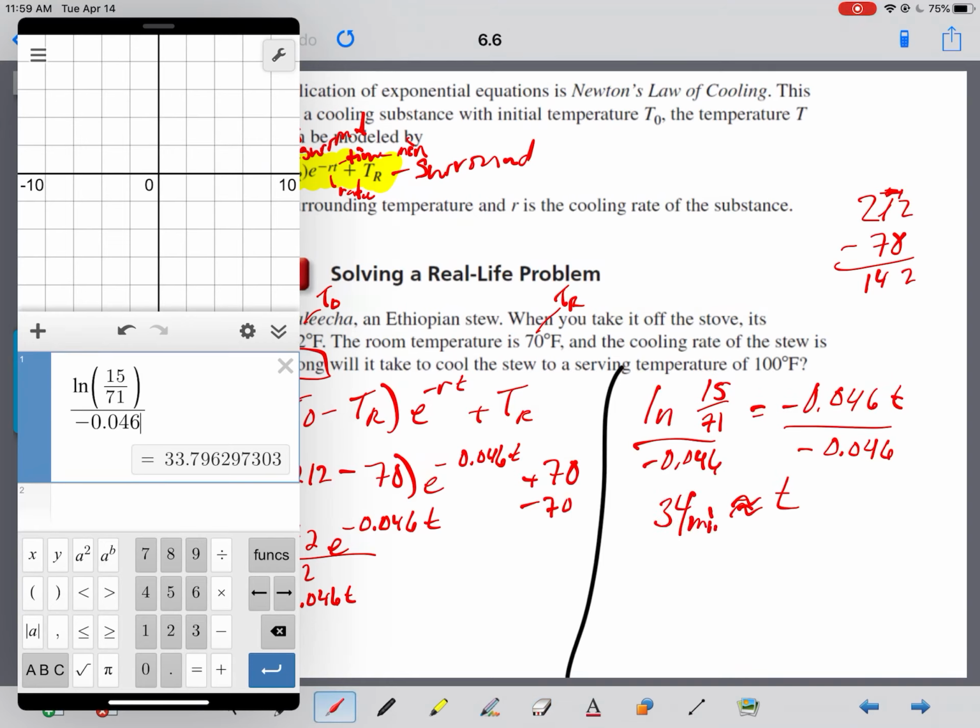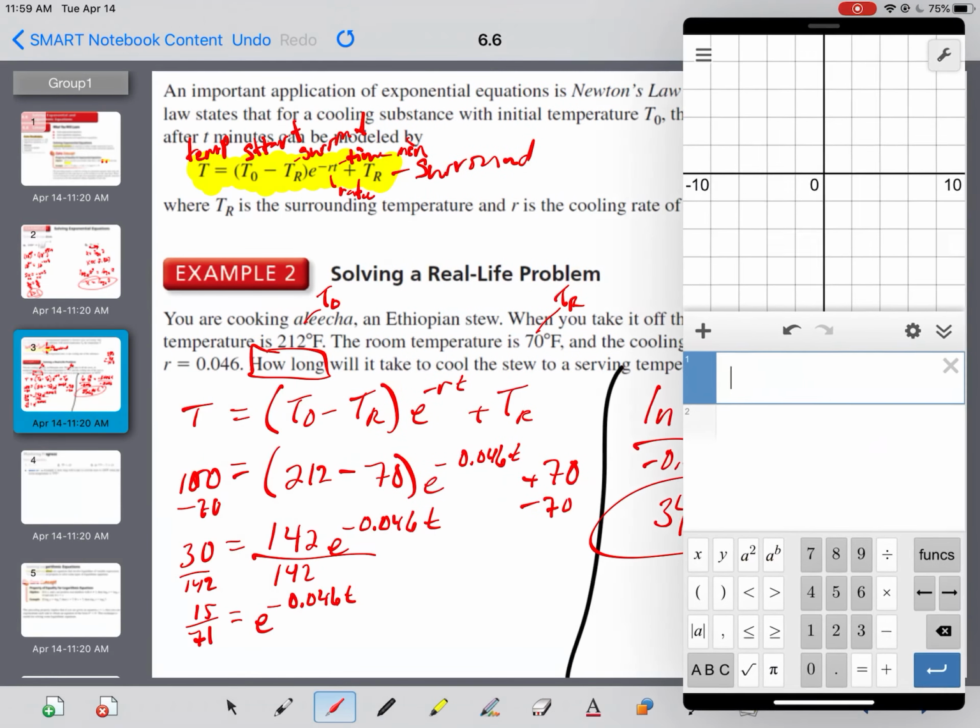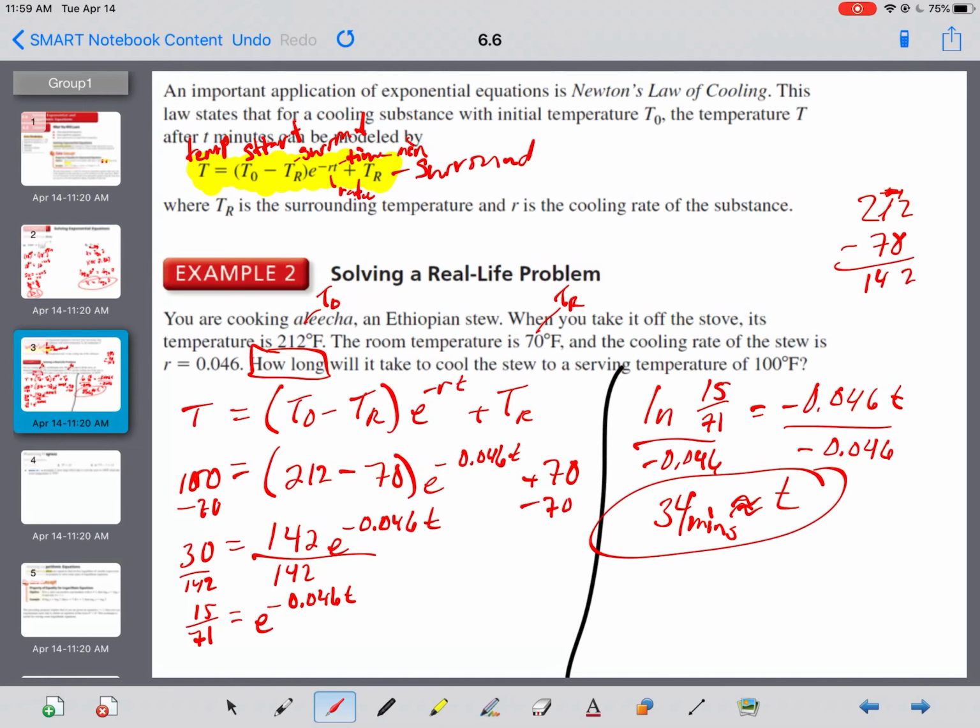So 33, and since we're in minutes, let's just round it up. 34 minutes it will need to cool in order to be at 100 degrees, ready to eat.